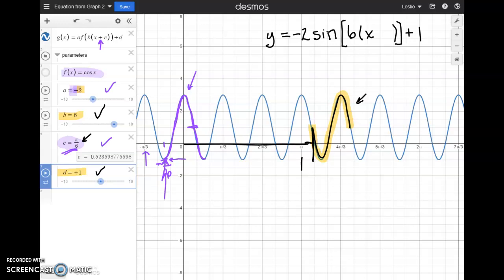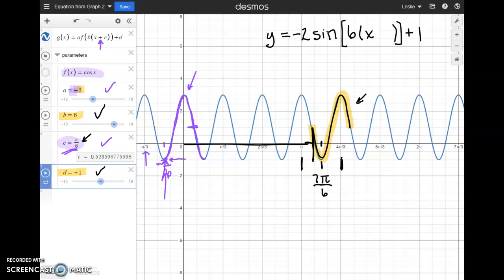Here's pi right here, and this is 4 pi over 3. Halfway between those two values, that minimum is at 7 pi over 6. And I found that just by taking pi plus 4 pi over 3 and dividing it by 2. I found the average of those two values. So that gives me 7 pi over 6.